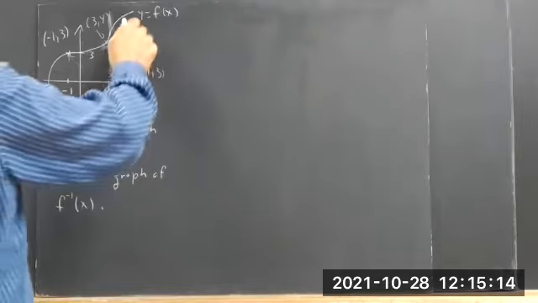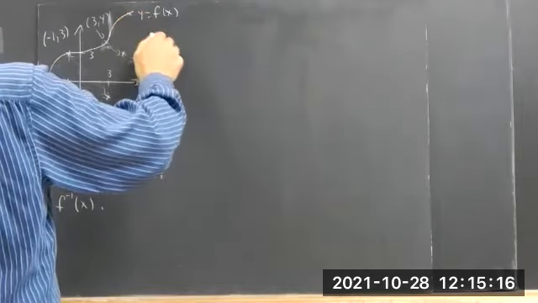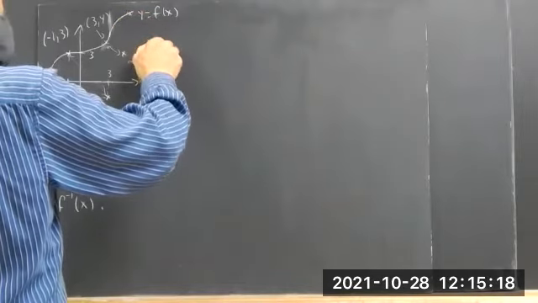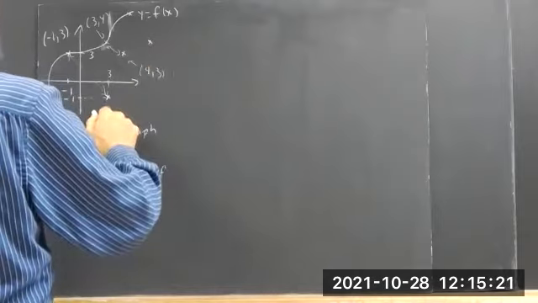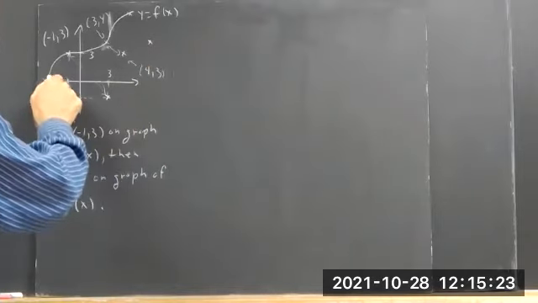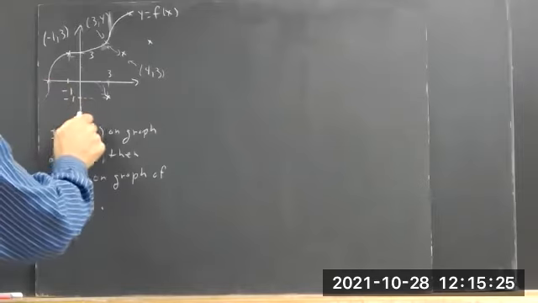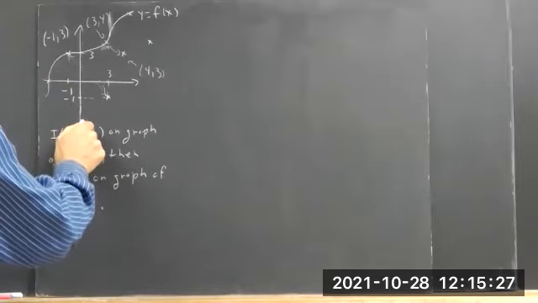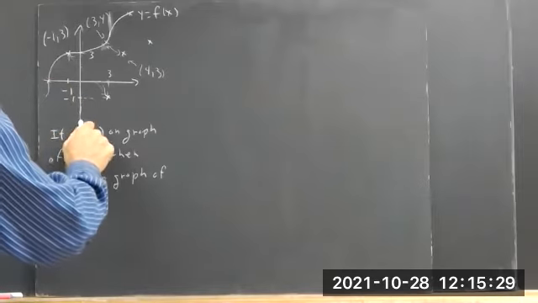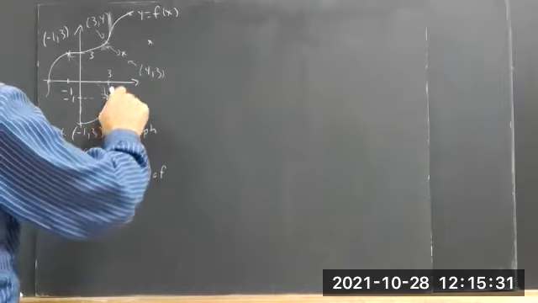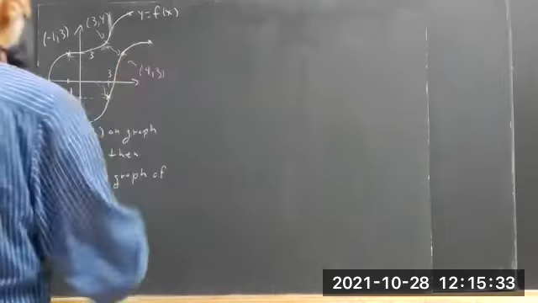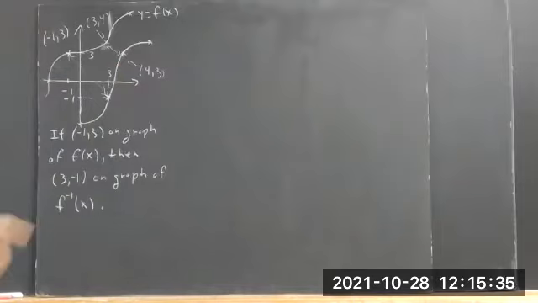Okay. This point up here would correspond to a point that you could estimate. This point over here would correspond to a point on the y-axis about here. And if you sketch the graph, you see that this graph is kind of a mirror image of this one.